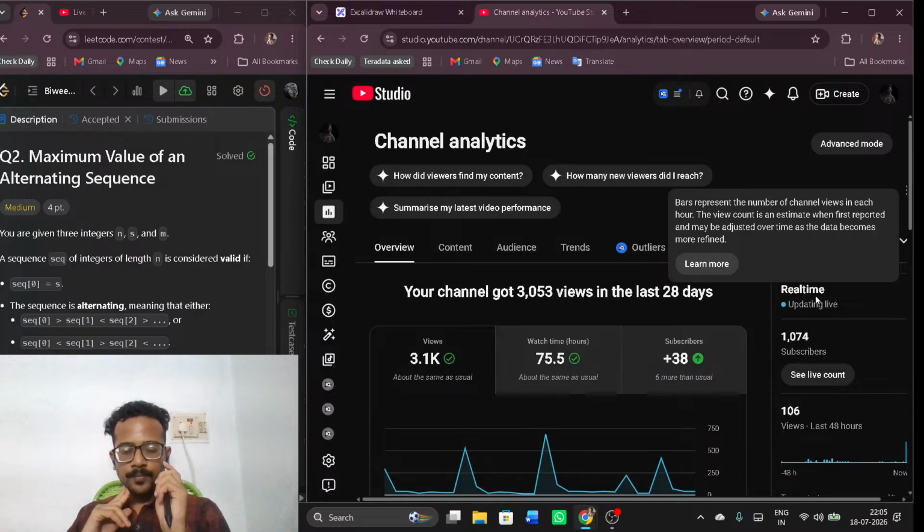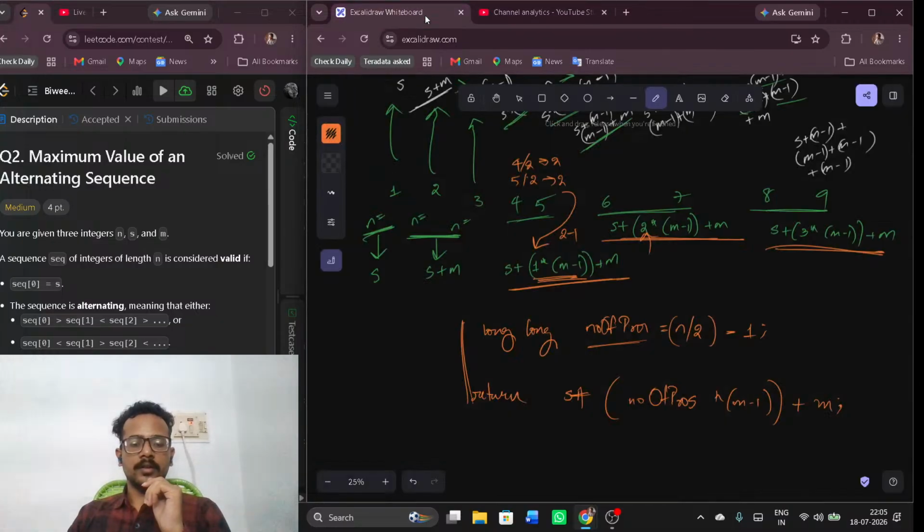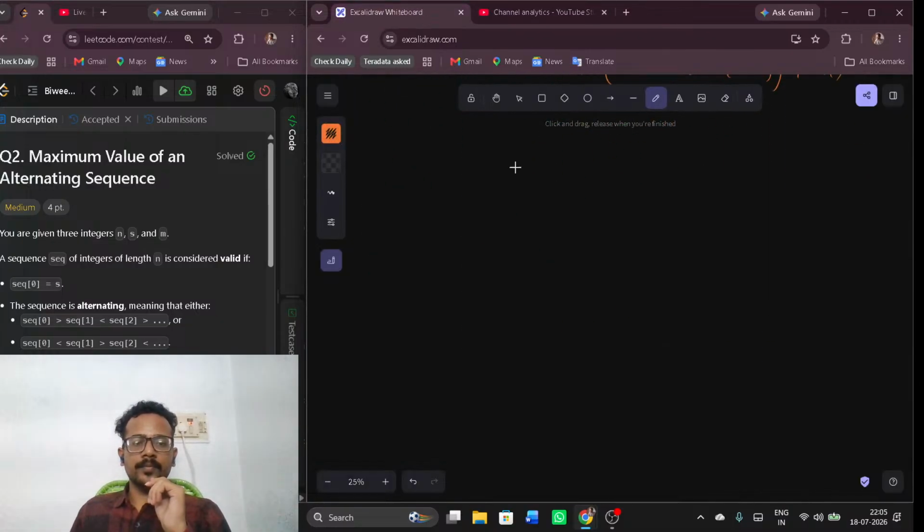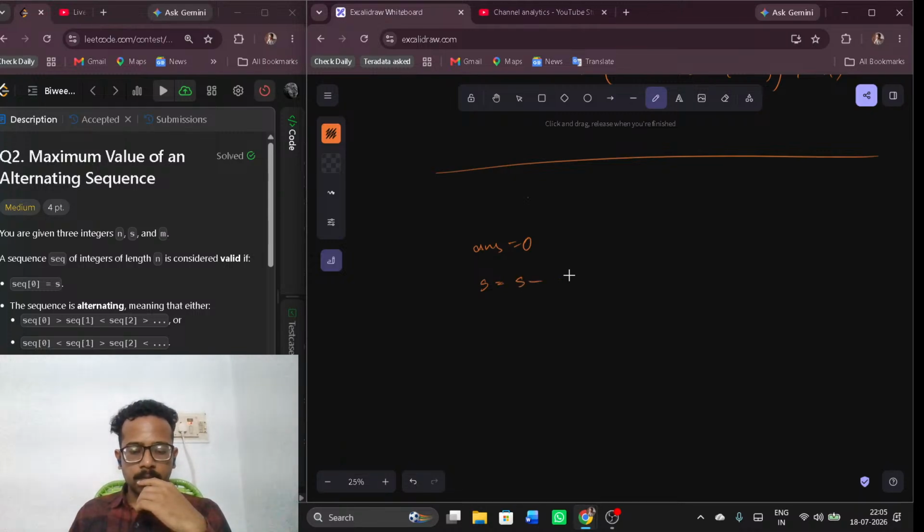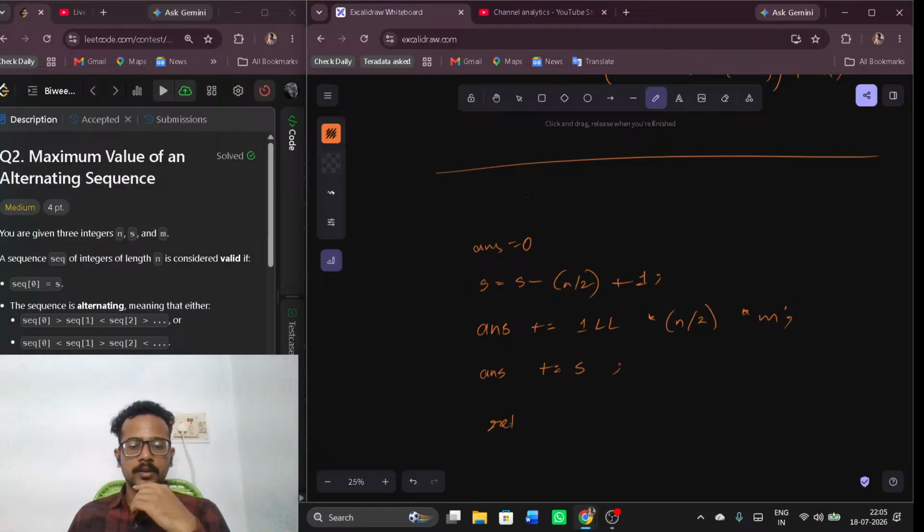Long answer is equal to 0, s is equal to s minus n by 2 plus 1, answer plus is equal to 1 long into n by 2 into m, answer plus is equal to s, return answer.